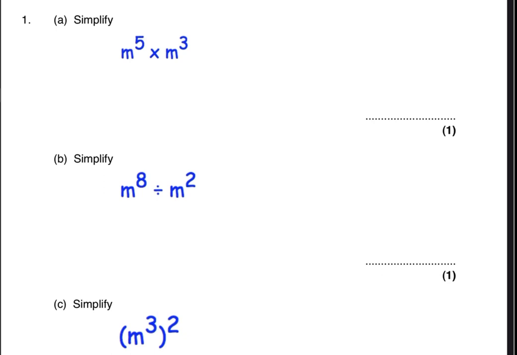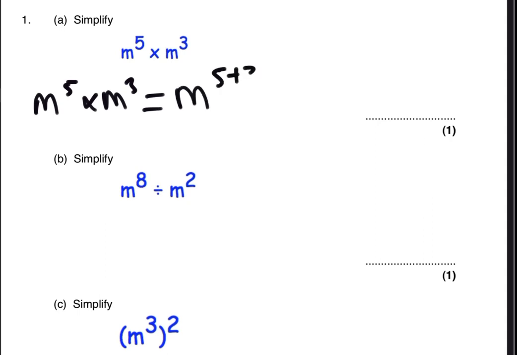So the first question states to simplify m to the power of 5 multiplied by m to the power of 3. Well, we already know that whenever we multiply our indices, we add them together. So what we're just doing is m to the power of 5 plus 3, which is then m to the power of 8. So we've applied our first rule of multiplying indices.